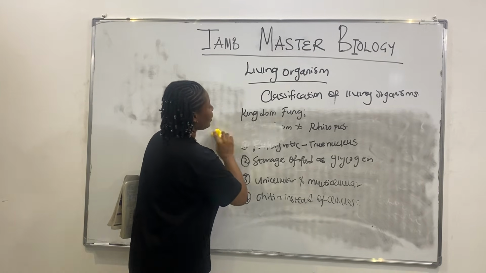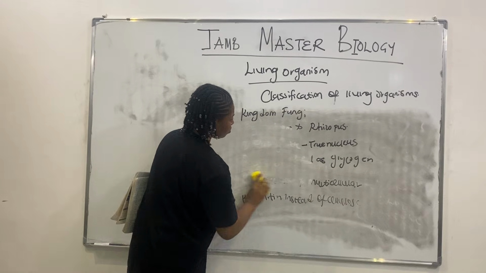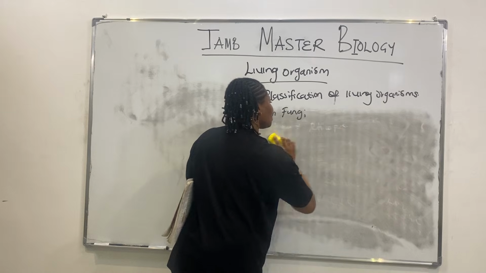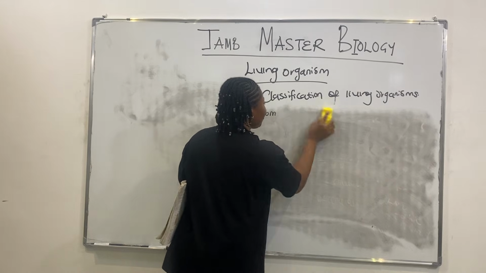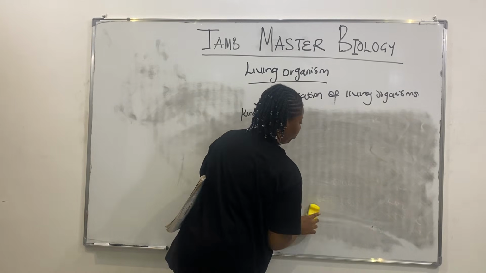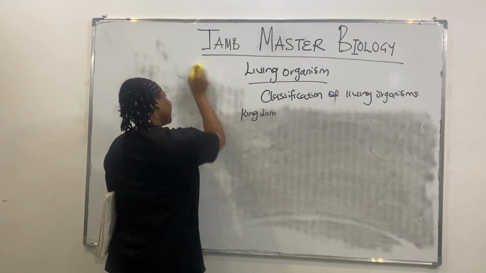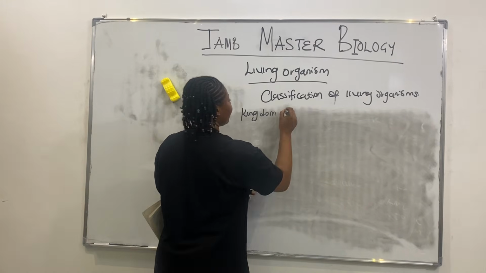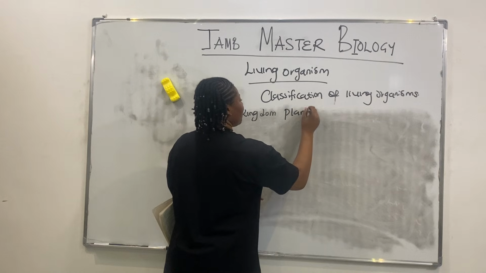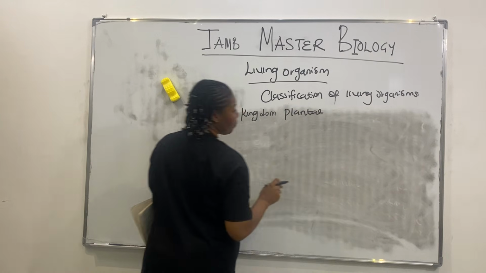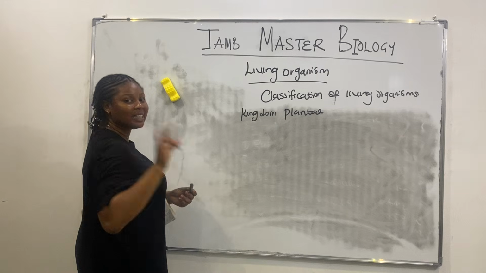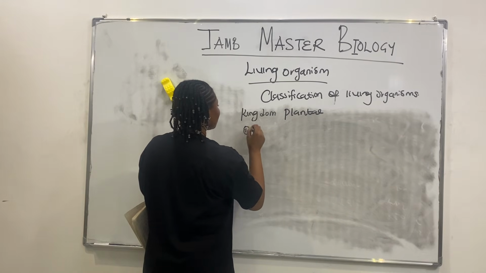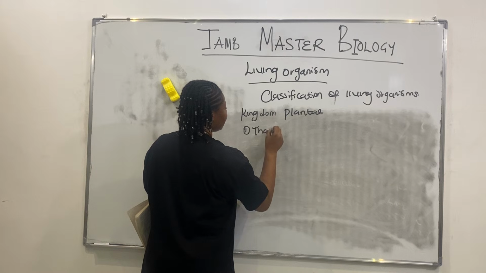We are going to be talking about the kingdom Plantae. Kingdom Plantae is actually a very broad kingdom. Very broad kingdom. But it's not up to the animals, right? So Plantae, the plant kingdom, has 3 divisions. And these divisions will include Thallophyta.